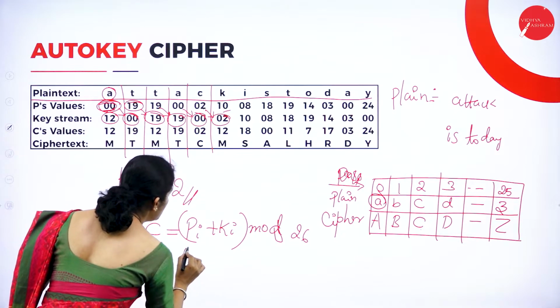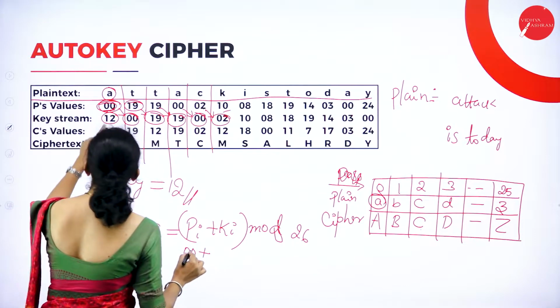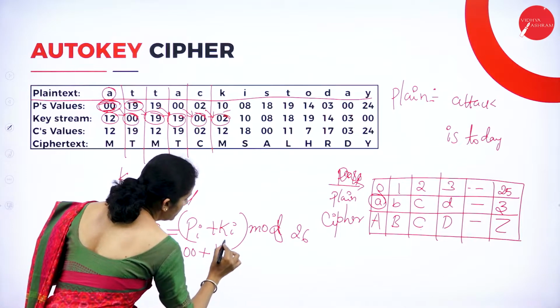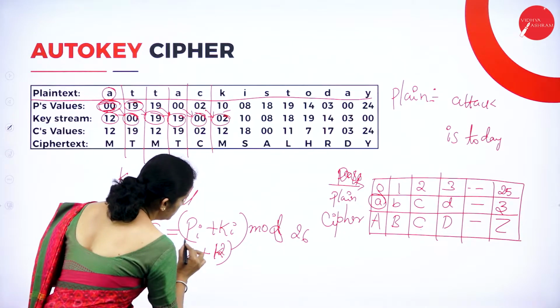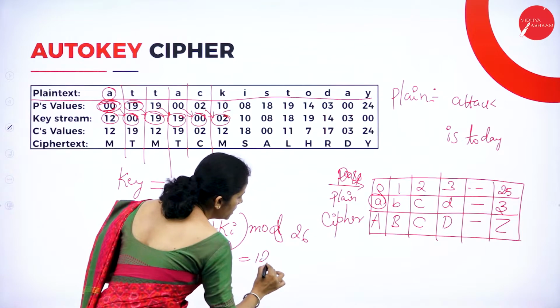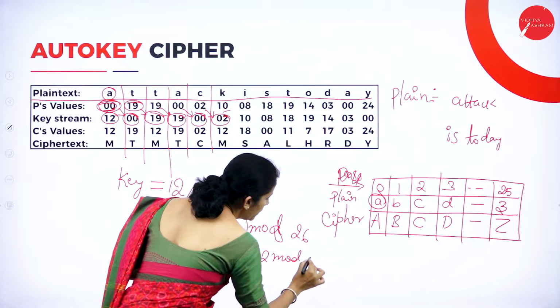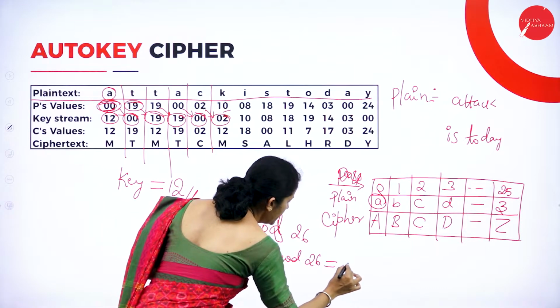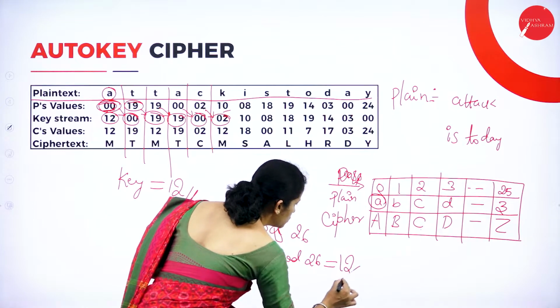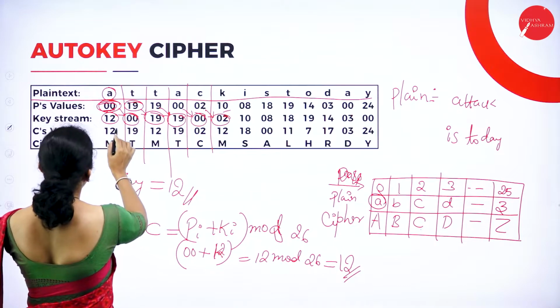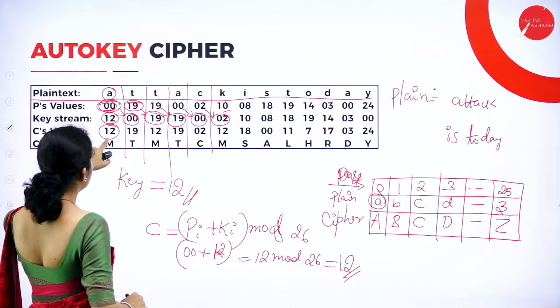So it is 0 plus what is key? 12. It is 12 mod 26. I'm going to get 12. So the value 12. And what is present at the position 12?